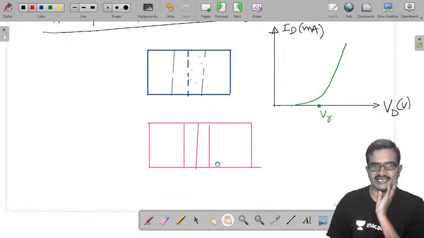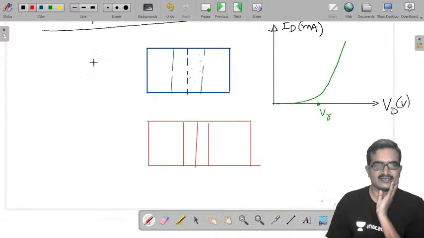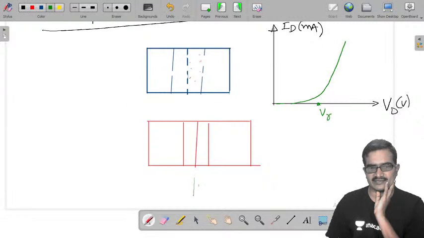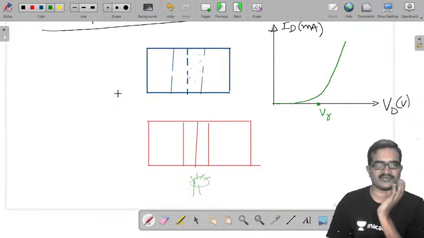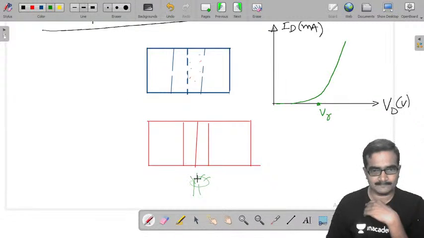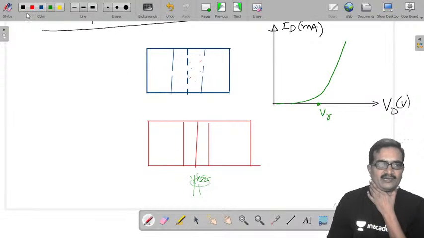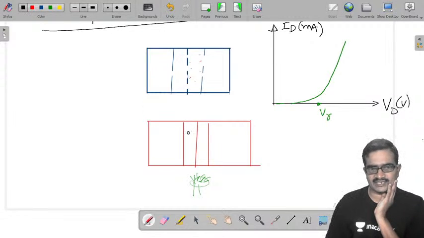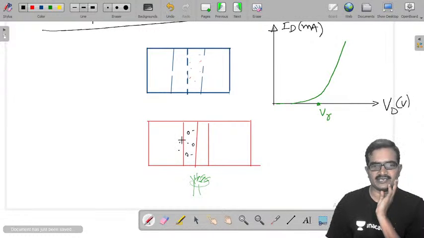Now we increase the temperature here. Once we increase the temperature, what happens? Here covalent bonds are breaking, electron hole pairs are generated. New charge carriers are generated.